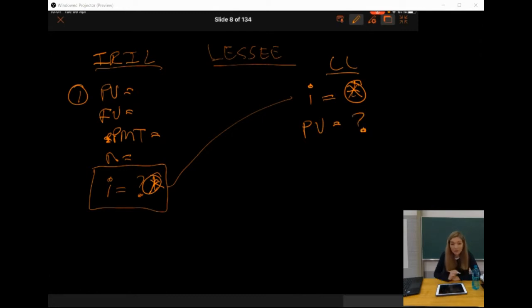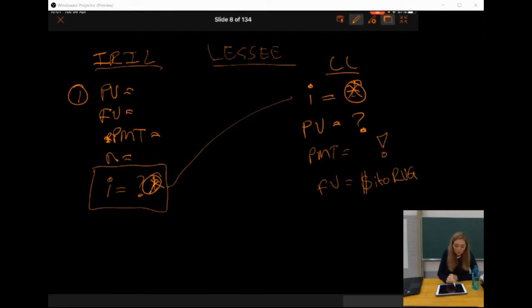We want to know what the present value is, because that will be our lease liability. Our payment amounts will be the same, but remember now we've got that difference here for the future value: it's part of the lease payment definition, but here we'll only include the amount payable in terms of the residual value guarantee.